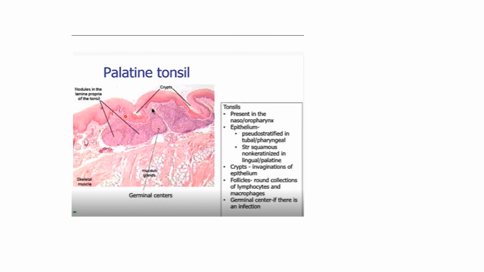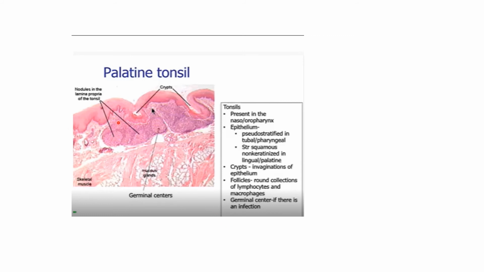So this is the lingual surface. This is the oral surface of the tonsil, where we have the crypts. They represent the developmental remnants from the pharyngeal arch. They develop from the pouches, and the crypts represent the remnants of these pouches.